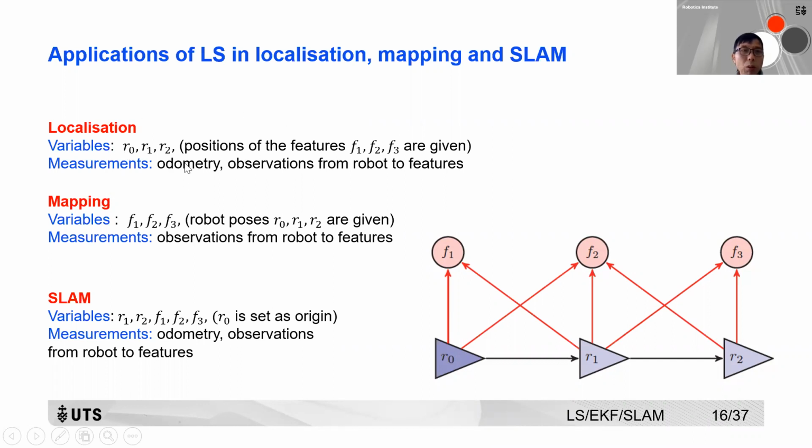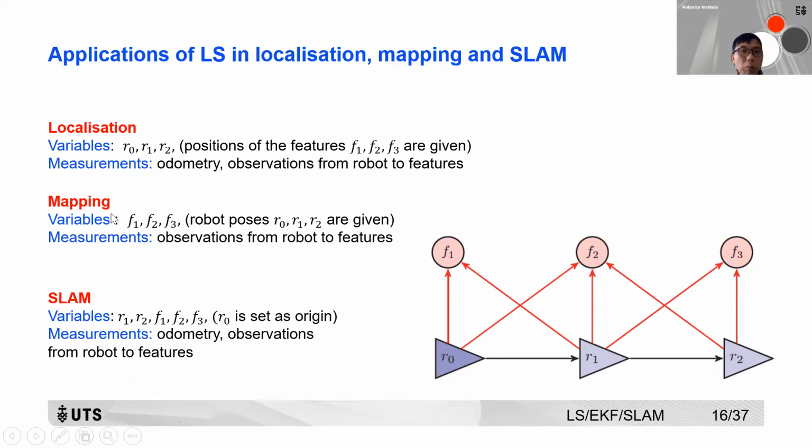For the localization problem, the variables we have are R0, R1, and R2, the robot poses. And the measurements we have are odometry, from robot 0 to robot 1, robot 1 to robot 2, and also the observations from robot to feature.